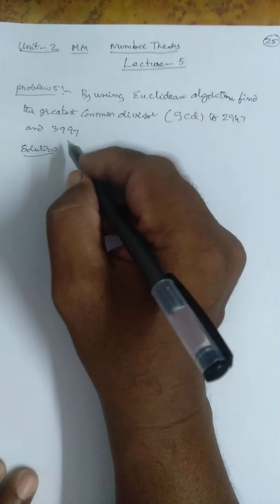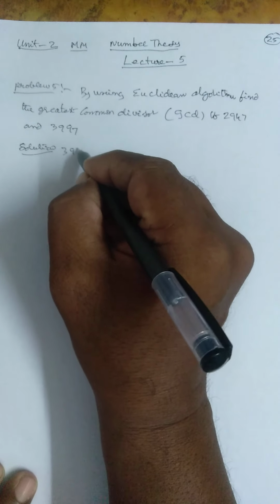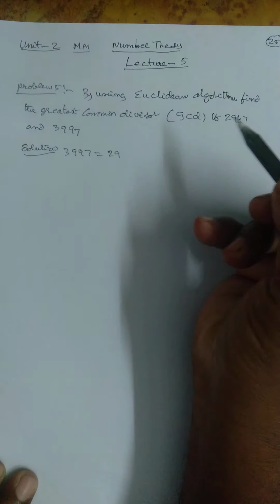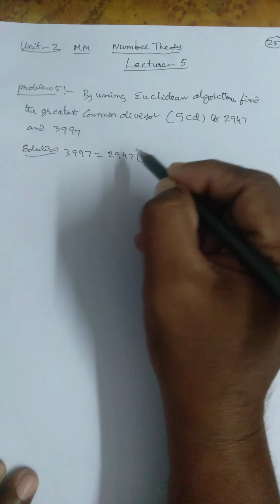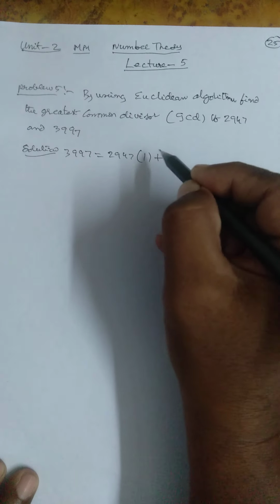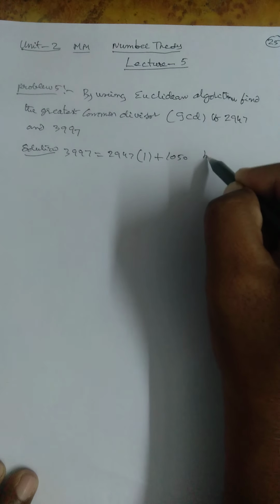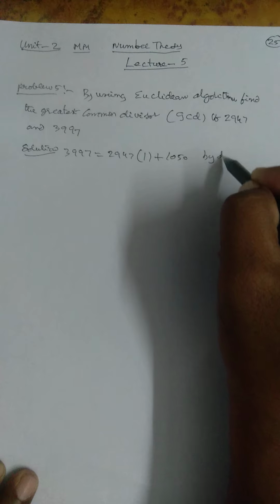Which one is the big number? So 3997 is equal to 2947. How many times? One time. What is the remainder? 1050, by the division algorithm.